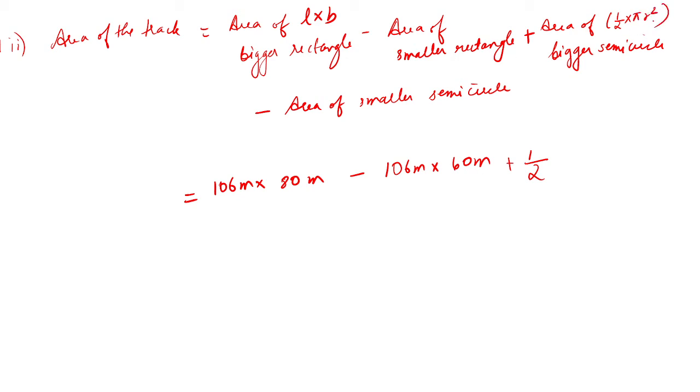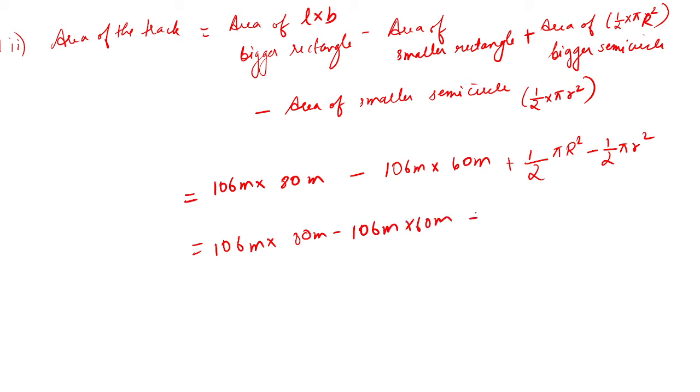I'll take capital R for the bigger circle: half into pi R square minus half into pi small r square. So 106 into 80 meter minus 106 meter into 60 meter.